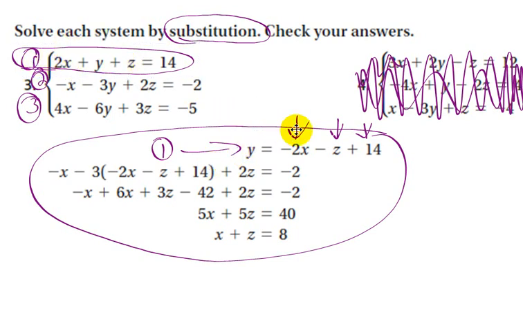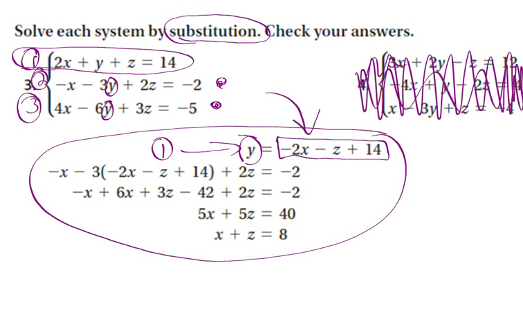So now, clean that up. We've got equation 1 rewritten for us. Y equals negative 2x minus z plus 14. So in equations 2 and 3 here, everywhere we see a y, we're going to replace that y with negative 2x minus z plus 14.